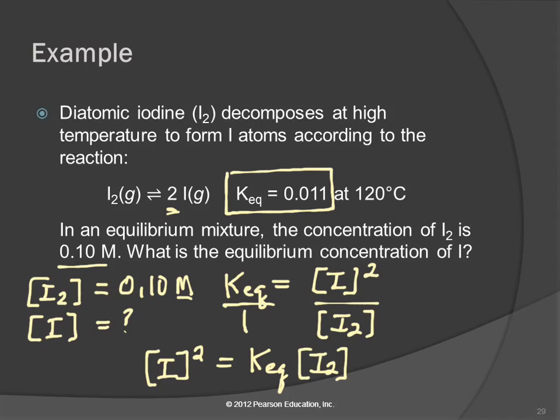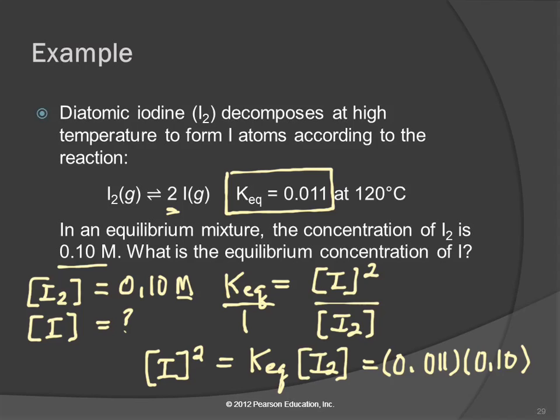How do we find the concentration of I, though? This gives us I squared. We have to take the square root of that. Let's put the numbers in and deal with the square root separately. So KEQ is 0.011 and I2 is 0.10.